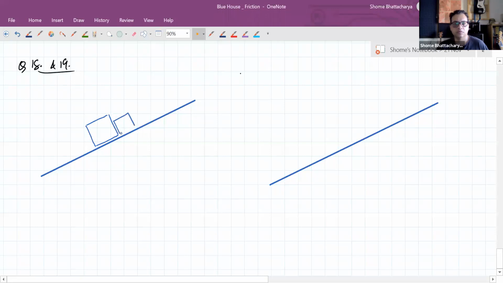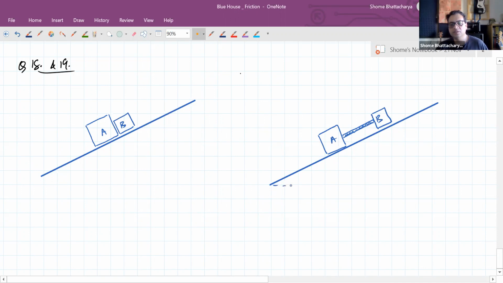Like this. Let's say this is A and this is B. And in 19th one, there is a light rod. Now light rod makes things a little bit different compared to a thread, because we had discussed about a thread yesterday. So light rod में क्या होता है ना, both push and pull is possible. So light rod means no matter what happens, they will be moving together.